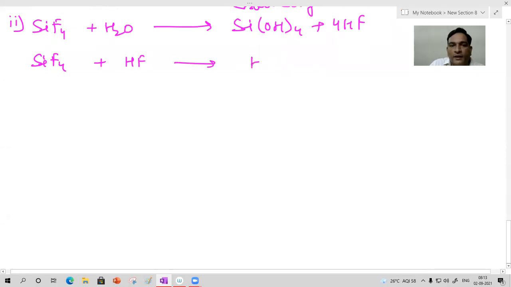We are getting H2SiF6 or SiF6 2 minus. If we multiply by 2, here 4 and here 2, because in the first, 2 mole react. Now overall 4 mole react.